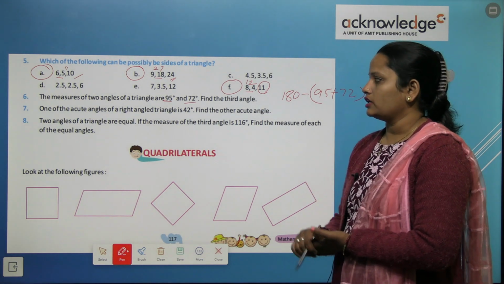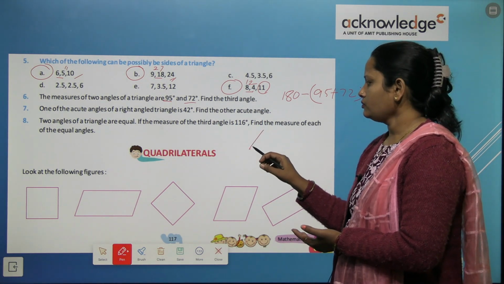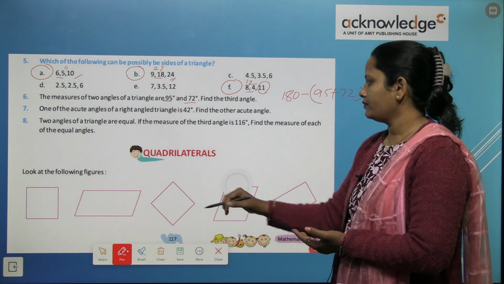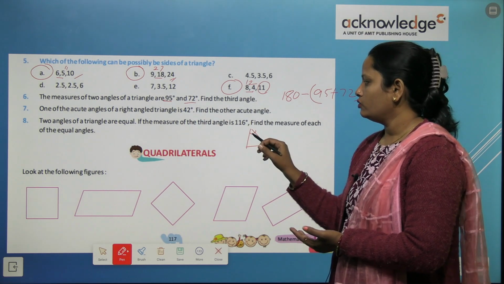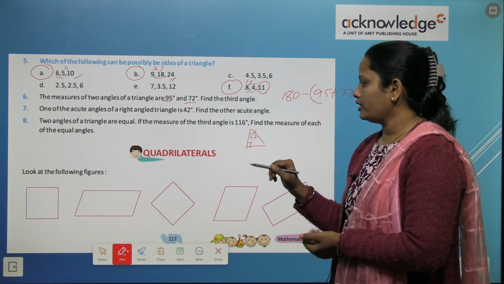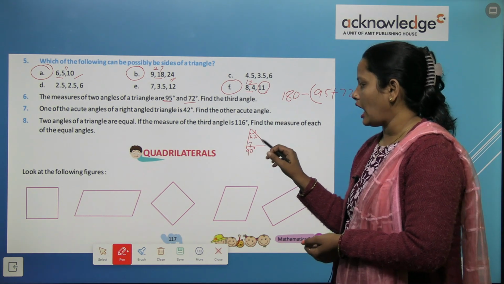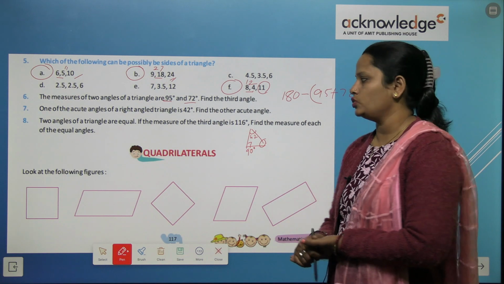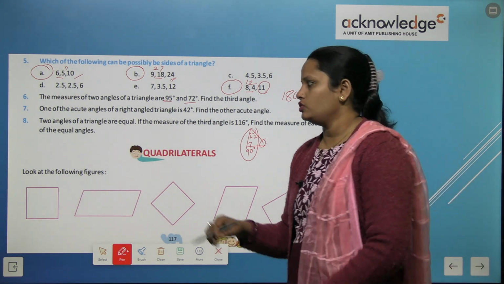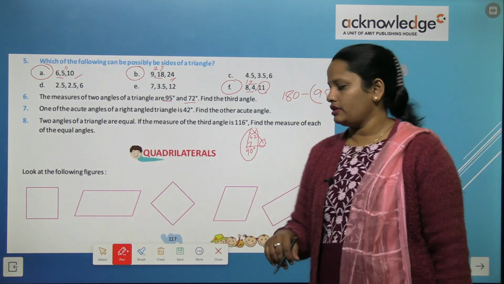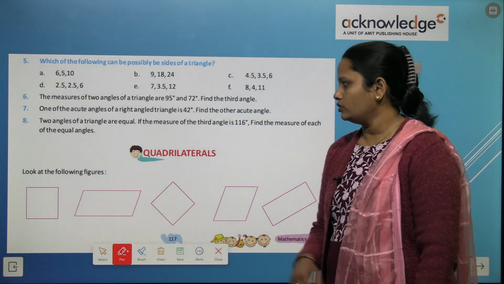Find the other acute angle. So एक right angle triangle है. अब उसका एक एंगल दिया गया है 42. अब क्योंकि ये राइट एंगल है तो ये 90 डिग्री होगा. आपको ये एंगल ढूंढना है. So 180 minus these two we have to do. Now the rest questions children you have to do on your own.